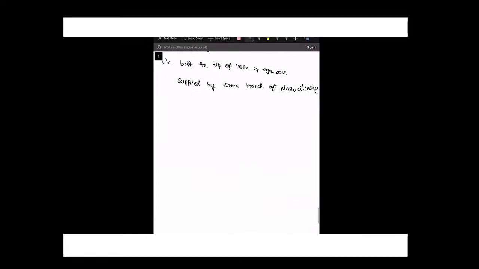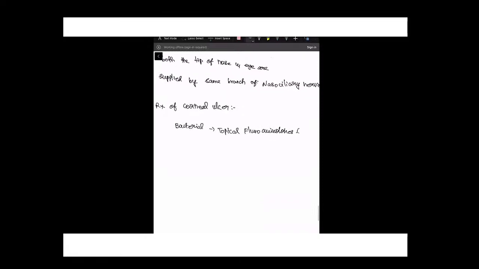We move on to the treatment of corneal ulcers. In bacterial ulcers, topical fluoroquinolones are the drug of choice, like moxifloxacin or gatifloxacin.